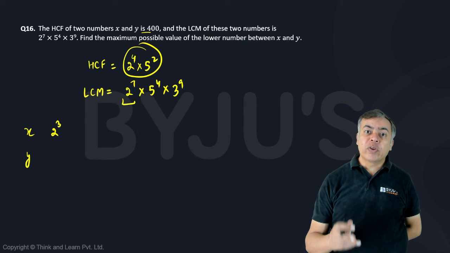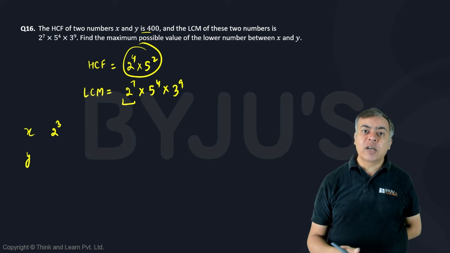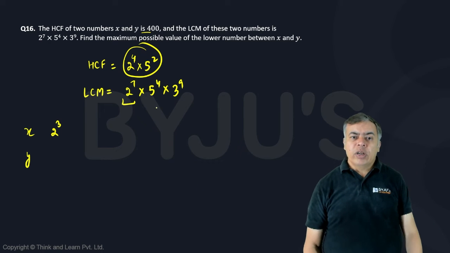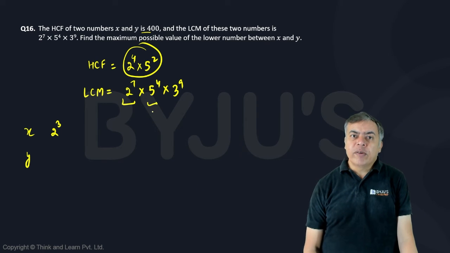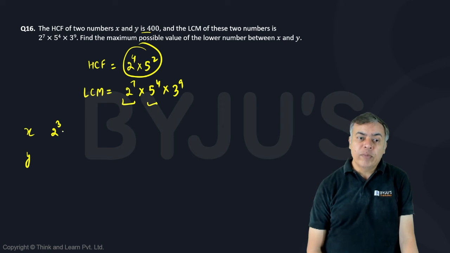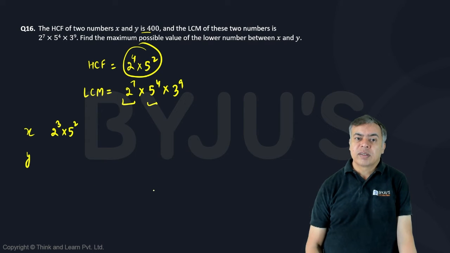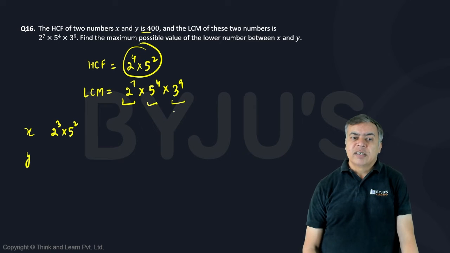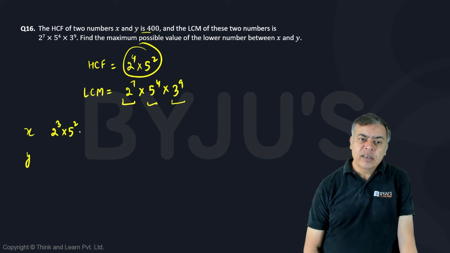Apart from this common factor, what other values may it have? Now 5 raised to power 4: to make 5 raised to power 4 in the LCM, one factor must contain 5 raised to power 2. And because 3 raised to power 9 is there, one of the factors can have 3 raised to power 9 also.